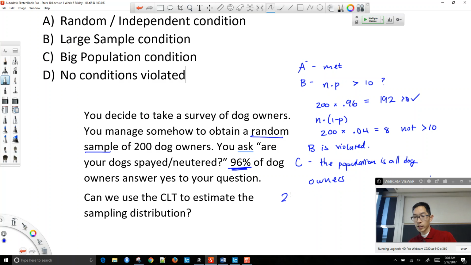We would have to check: is 200, our sample size, times 10, that is 2,000, and is our population bigger than 2,000? And the answer is yes. It's greater than 10 times our sample, so that condition is met. So that one is met, and the other one is violated.